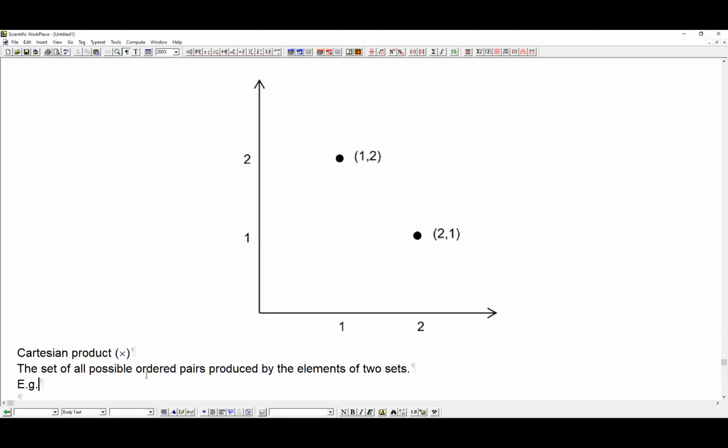So for instance, if I have set A equals {1, 2, 3}, and set B equals {4, 5}, then A cross B is equal to a set of ordered pairs, which would be (1, 4), (1, 5).